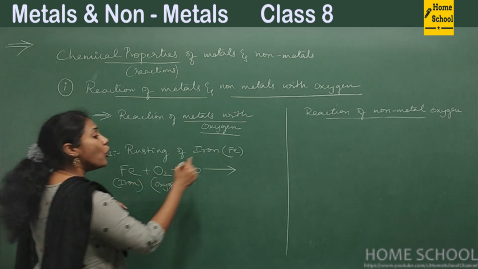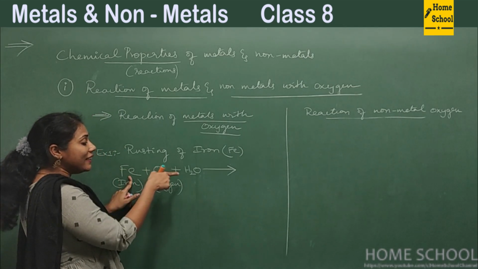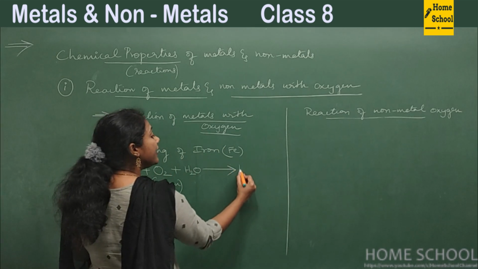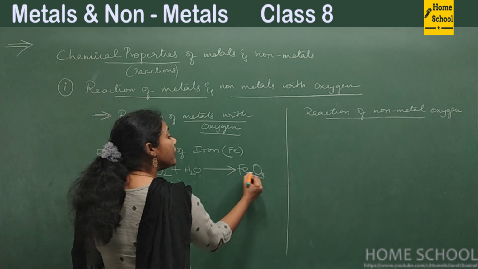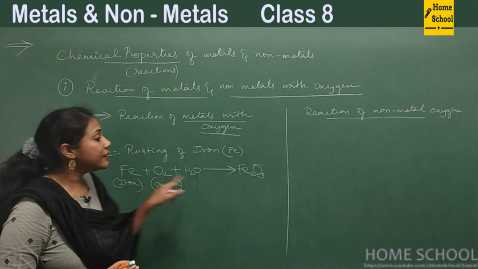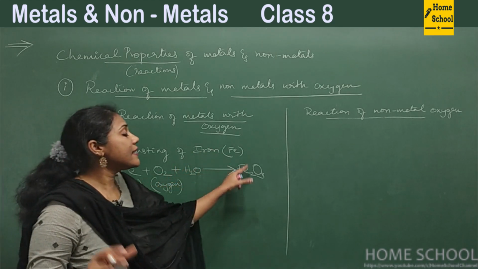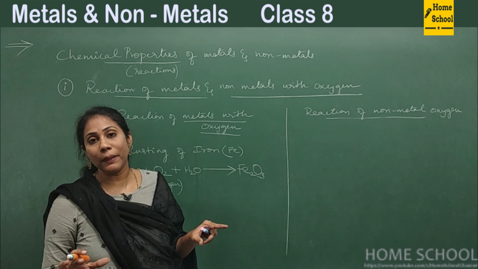Clear? So you get a new substance here. It is no more iron now. It has reacted with these two and converted into another chemical substance called Fe2O3. This Fe2O3 is not the same as iron. It is a new substance that is formed. This is that brown powder.